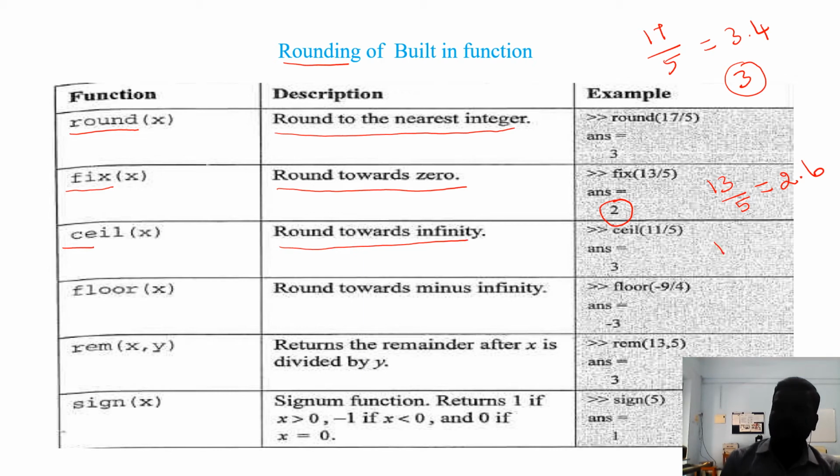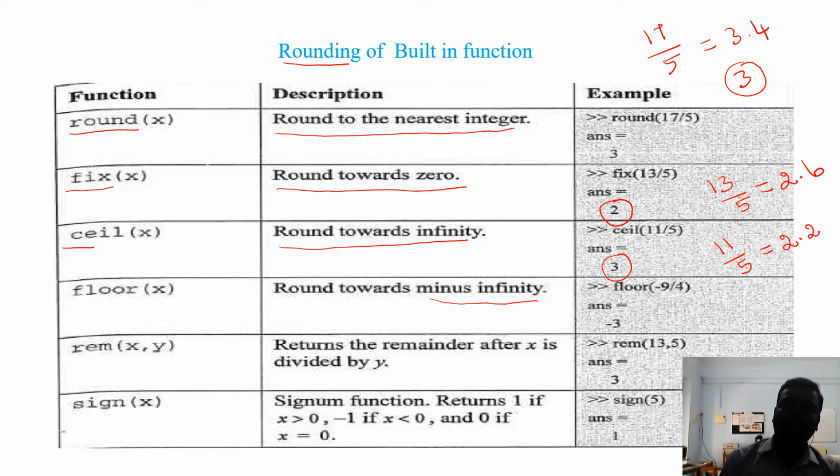So I take the value 11 divided by 5. The answer, we know, is 2.2. But using the command ceil, towards infinity, the result is displayed as 3. The floor of x means it rounds towards minus infinity.